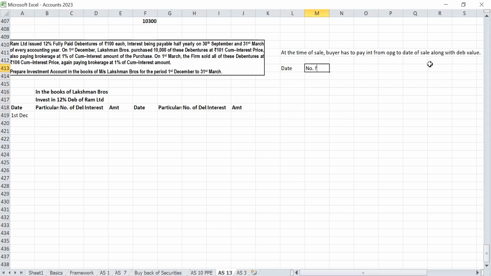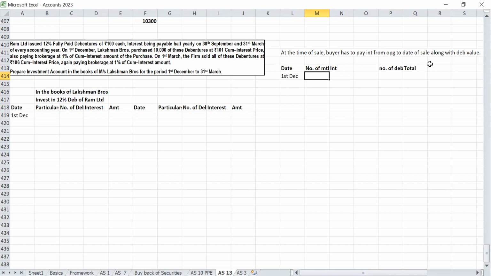Date, number of months, interest, number of debentures, total. In this case the first date is 1st December, he is purchasing. Opening to date of sale. What is opening?